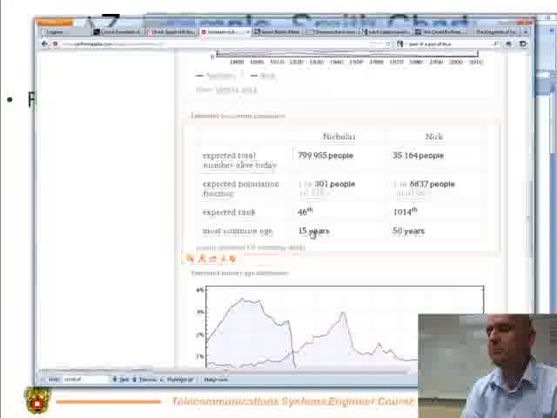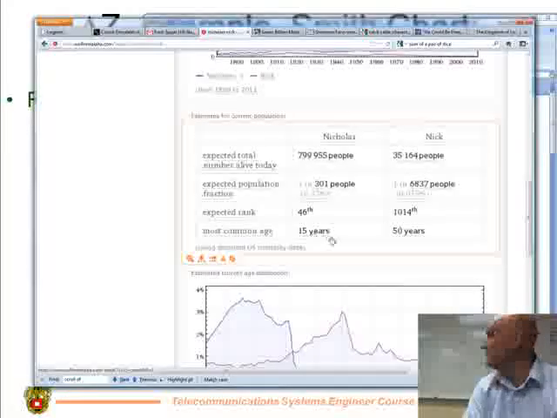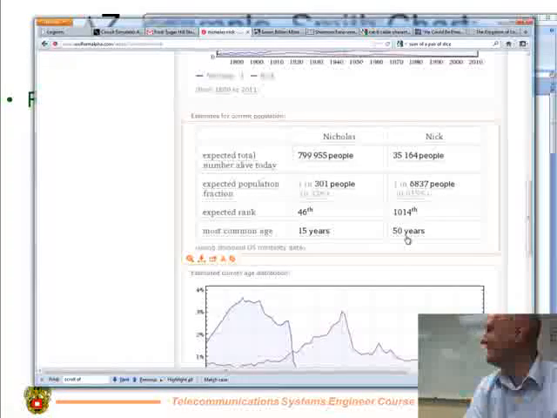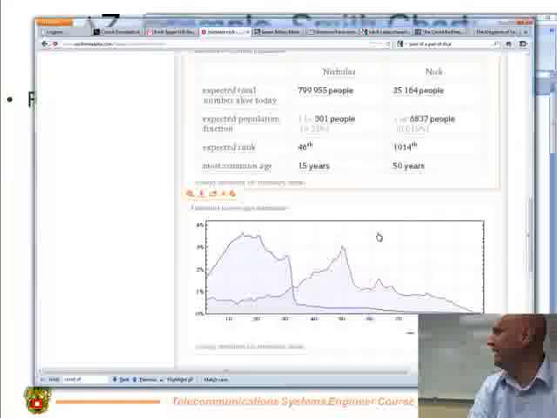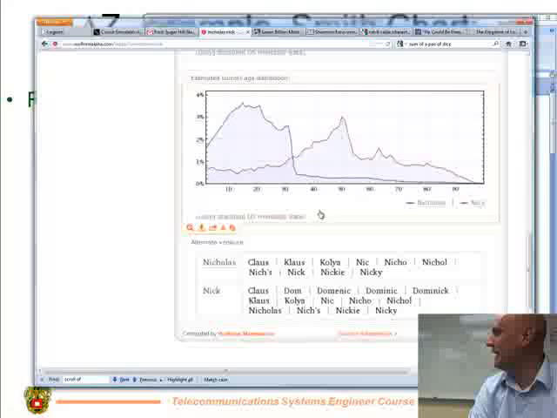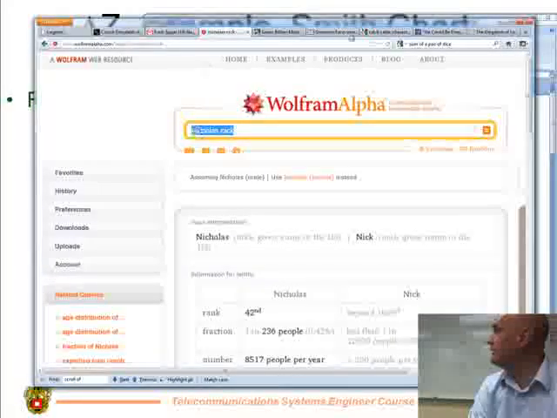The most common age of people named Nicholas is 15 years old. Most common age of people named Nick is 50 years old. And here are the distributions too. All right. Anyway, okay. So what we were trying to do, let's do it.